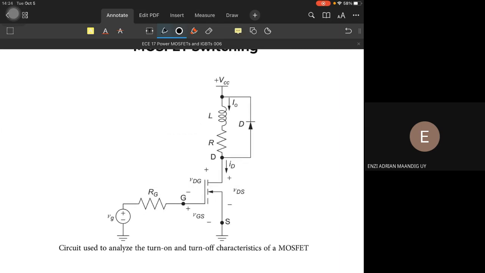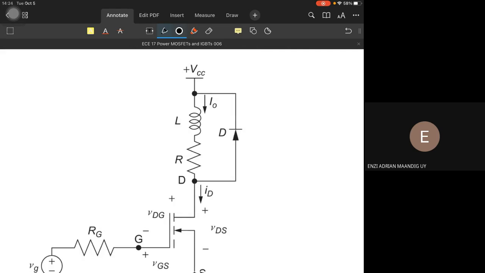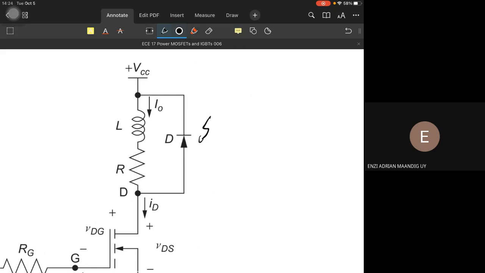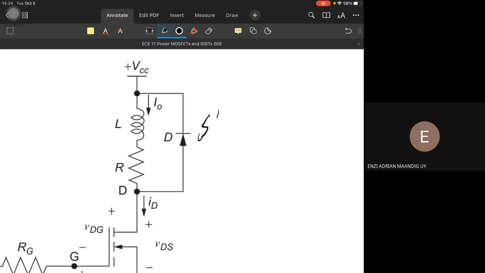So for VGS, we apply a voltage from VG. It is connected to the load, which is an inductive load, and we have a diode. Again, we call this diode, in this orientation it is connected, our snubber diode.